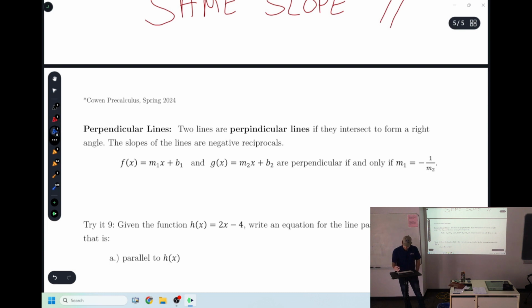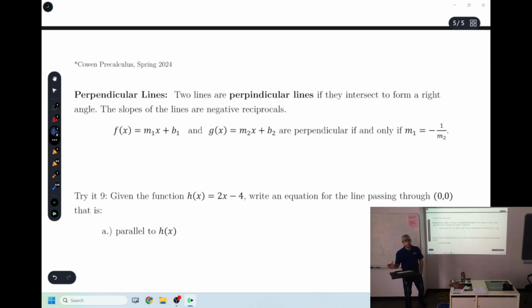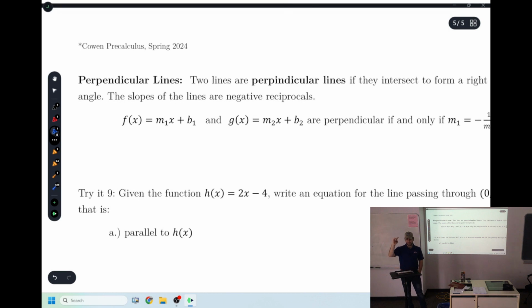Perpendicular means something kind of different. There's a big word for it and a small word for it, and we'll write down both. Anybody know that big word for what's happening? That's half of the big word. That's the second half, reciprocal, because it does get flipped as a fraction.